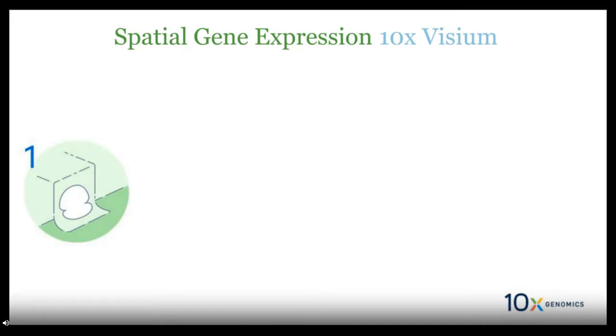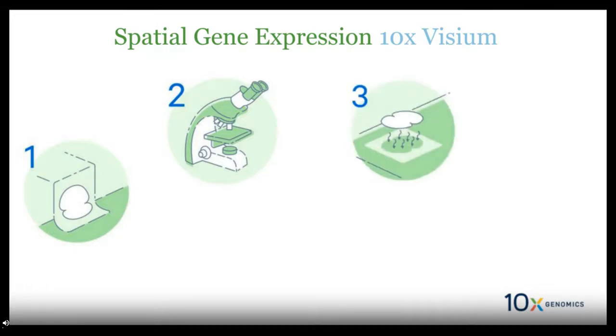So this involves taking a section and applying it to a slide that has a grid of RNA primers on the slide, and each spot of primers on the plate has a barcode associated with it, which tells us which spot it belonged to. We also stain it in the same way as we have before with a fluorescence morphology stain and image that. You digest the tissue onto the slide and sequence it.